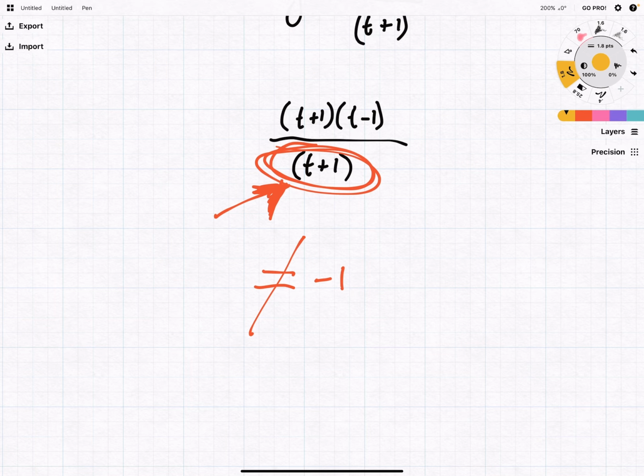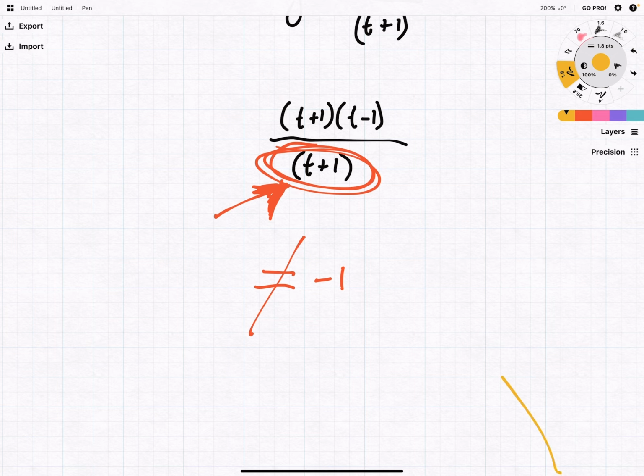We can look at the rule and we can use math to try to understand the rule better, but we can't change the rule. So that's part of the fundamental idea with a function. And because of that, t cannot equal -1, and we cannot just cross out t plus 1s on top and bottom. Because, again, this is a function, and it's not like a problem in algebra where it says, oh, just simplify, right? It's a different type of problem here.